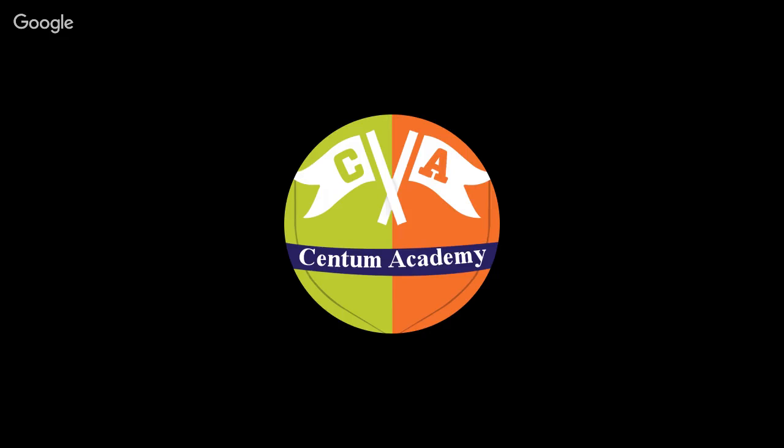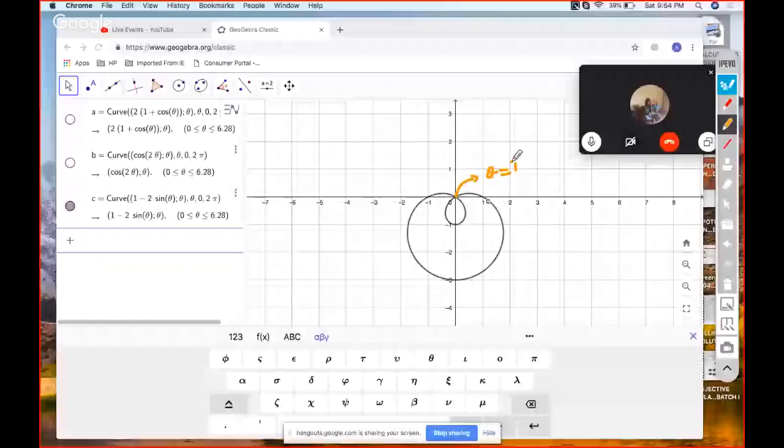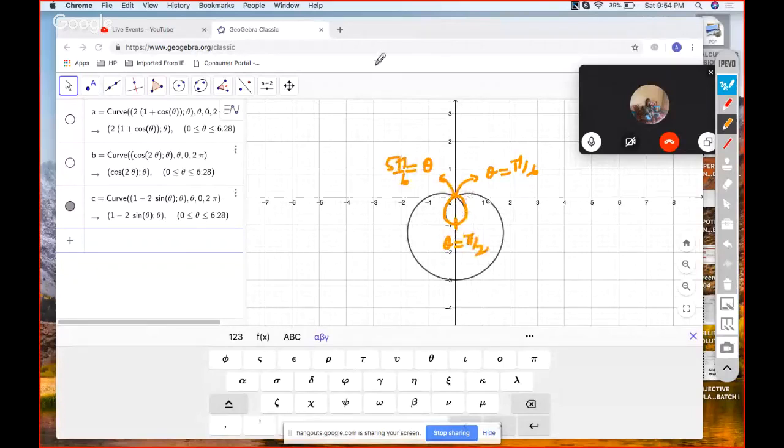And this entire loop, again this point, theta becomes 5 pi by 6. What will be the midway between this? Theta will be the average of pi by 6 and 5 pi by 6, which is pi by 2, right? So basically what I'm doing is, if I evaluate this area and double it, my answer will be there.